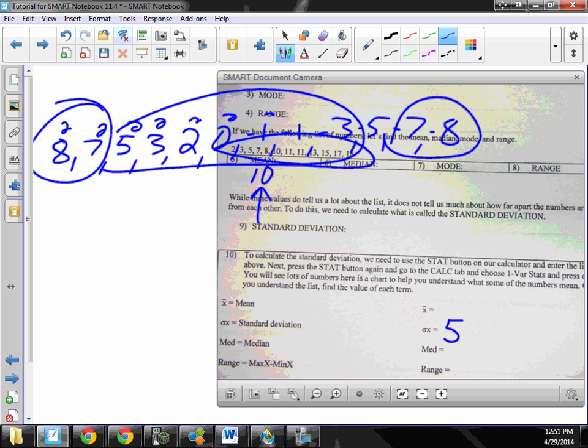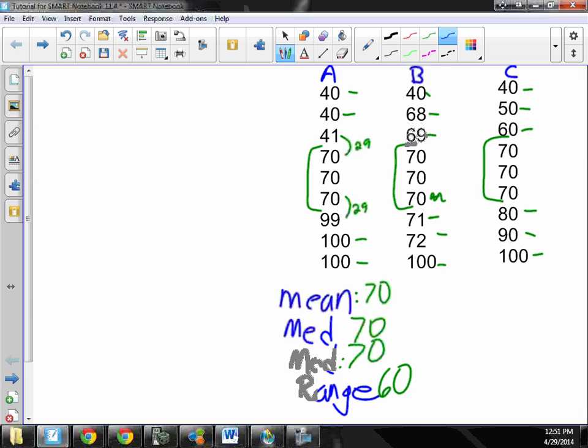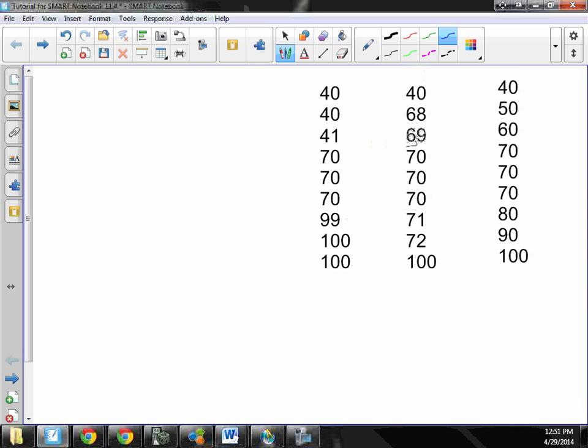So the standard deviation measures how far the numbers are from the mean. Okay? So if we look at this list, which of the list is the most spread out? Which list would have the highest standard deviation?